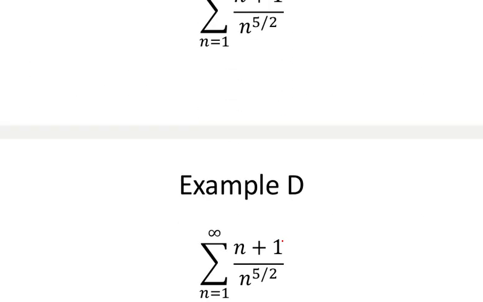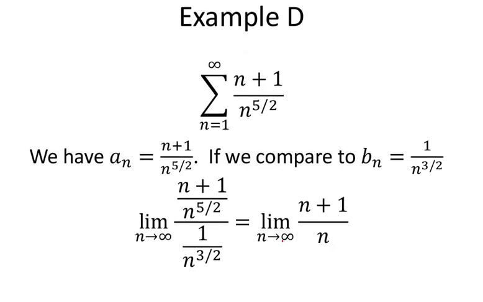So let's see what we did here. We have this a sub n term, and we compare this to a different series. b of n is 1 over n to the 3 halves.